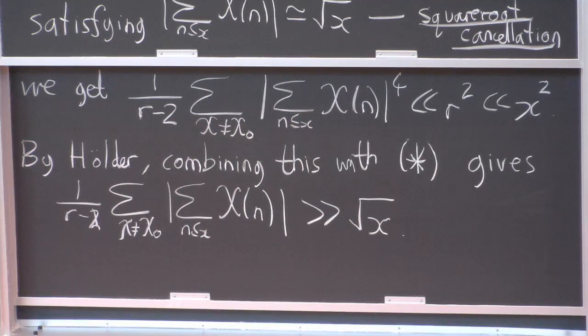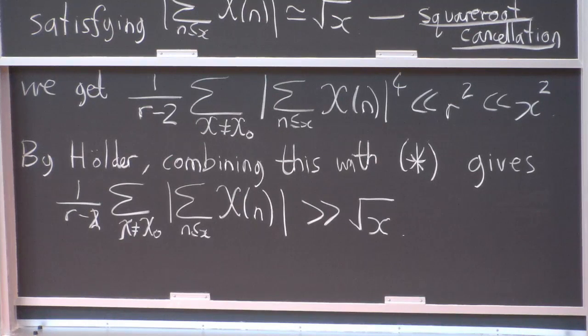Okay, so this is just a little calculation that you can do, but if you're not used to this, I can maybe say qualitatively what's going on here. So the lower bound, or even the equality that we have for the second moment, is consistent with all the things being of size about root x. But what could be happening is that there could be a few that are really big that are pushing up the size, and all the rest are small. But if that happened, then when you took a higher moment, so the fourth one, the really big ones would get even bigger. So they would inflate the size of the higher moment, and they don't, because we have the estimate over there.